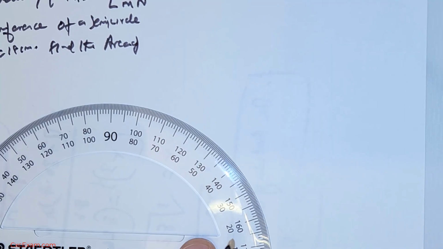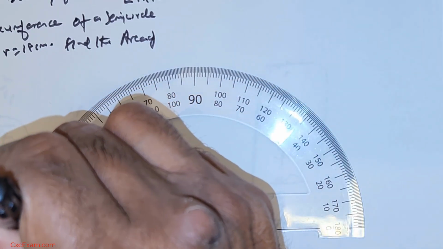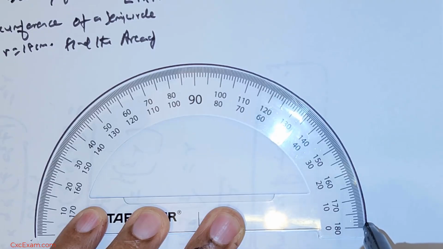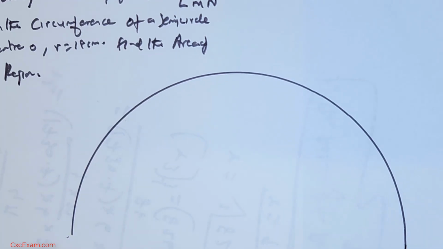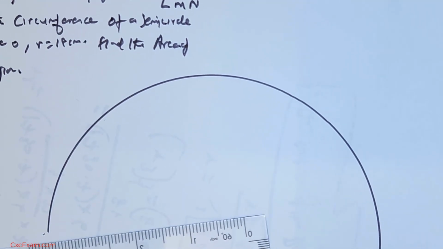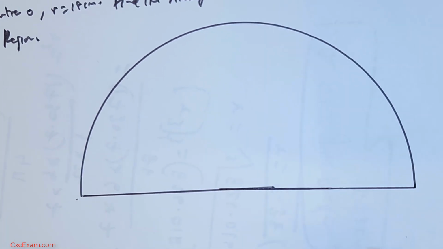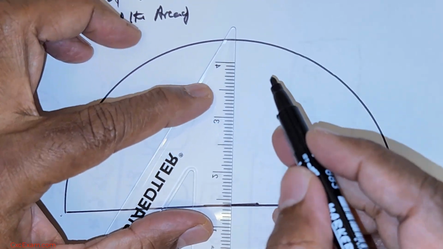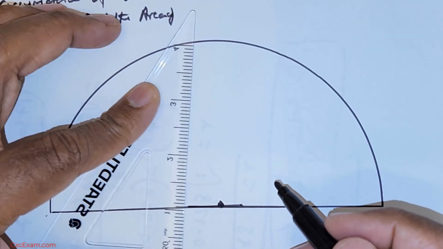So let me just draw the semicircle. So for the time being I'm using the protractor. Okay. So this is the center. Center is here.